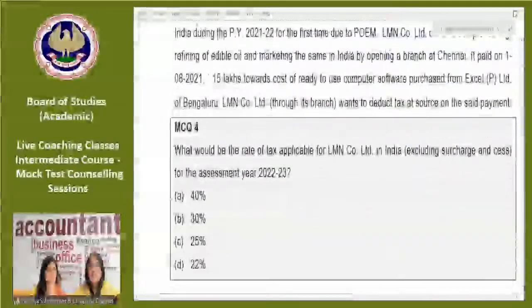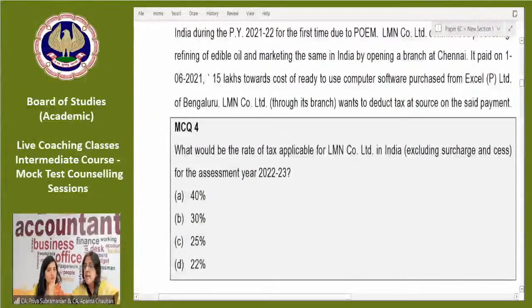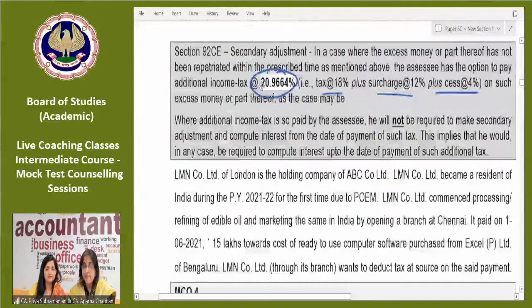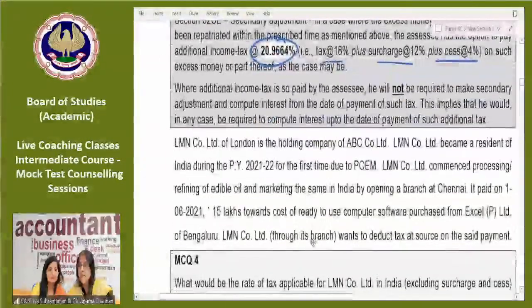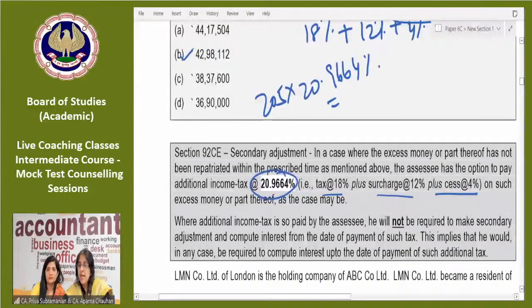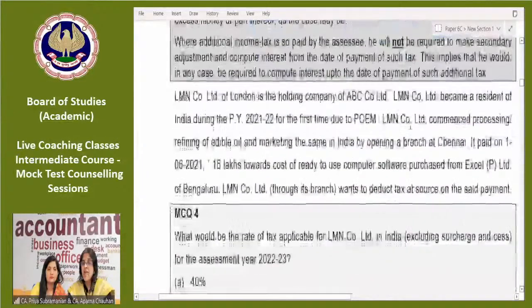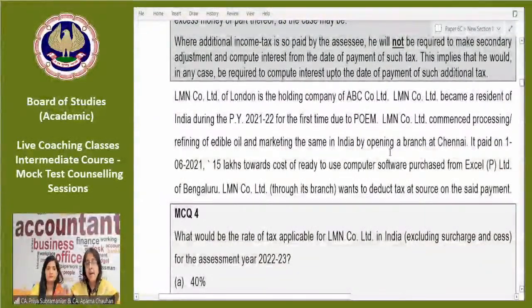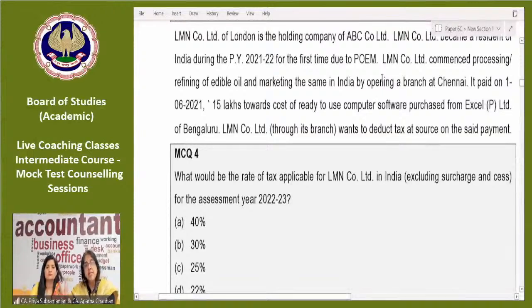Now coming to the next set of information, it is again LMN. LMN Company Limited of London is a holding company of ABC Company Limited. LMN Company Limited of London is a foreign company.